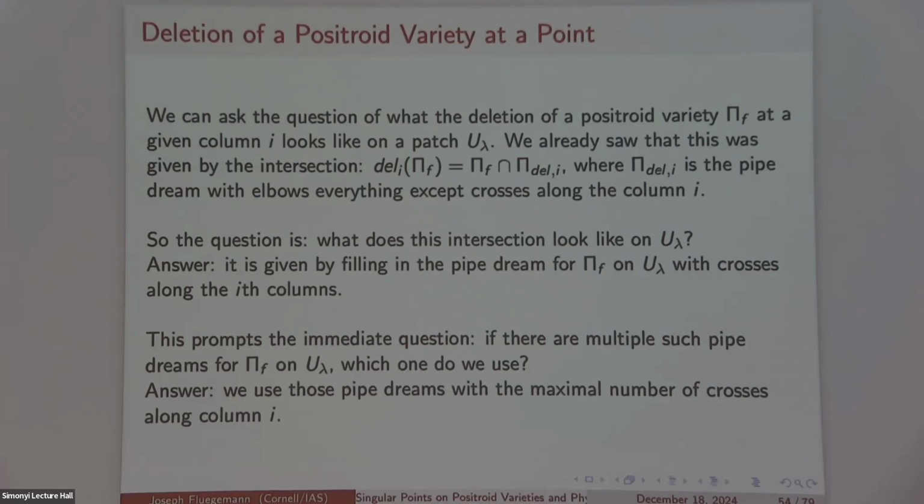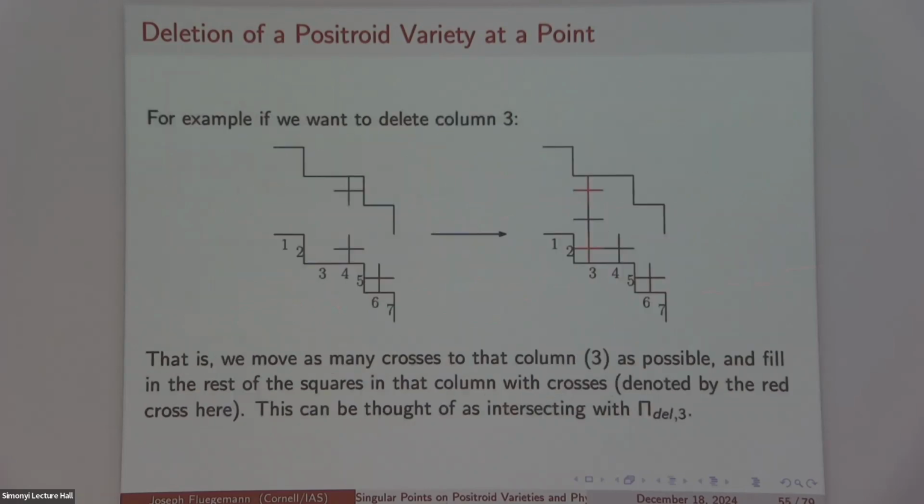so I guess then the question is, what if you take an arbitrary Positroid variety and you intersect with one of these deletions or contractions, which is how we're defining the deletion? Okay, so the answer is that you fill in the pipe frame with crosses along that column after you apply all moves to move the maximum number of crosses to that column. So pictorially, if I want to intersect with pi del 3, I have to apply a move.